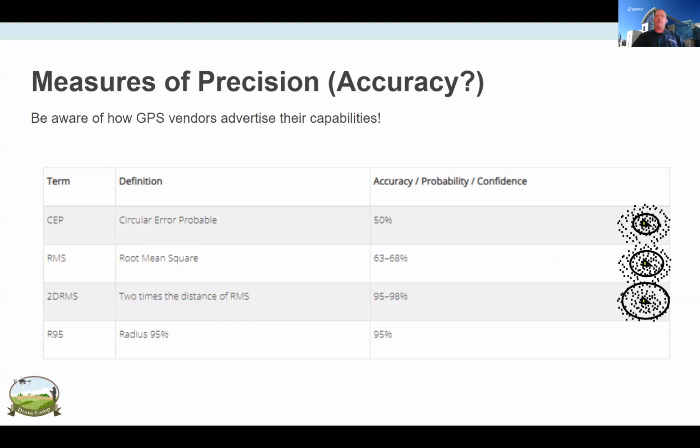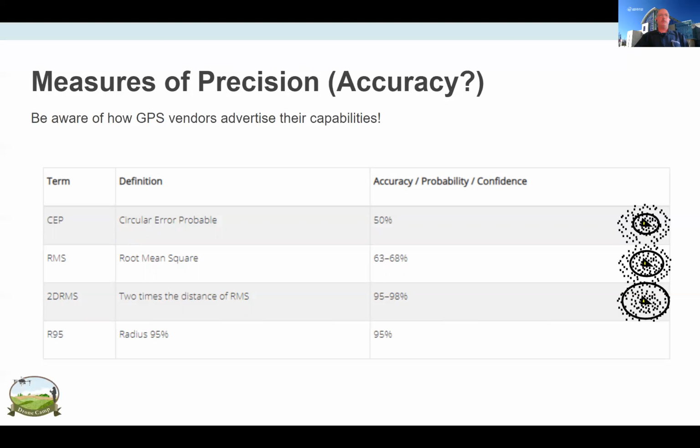Now, when you look at the vendors' specifications for various GPS systems, they're going to tell you, oh, it's accurate to, and they're going to use the word accurate. They're almost never going to say precision. They're going to say it's accurate to 1 meter, or it's accurate to 2 centimeters.